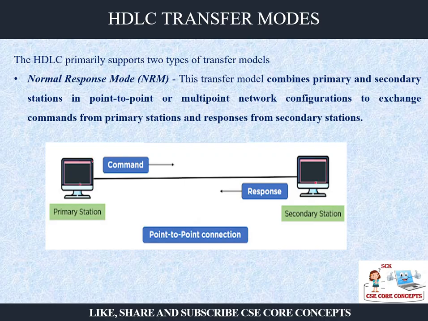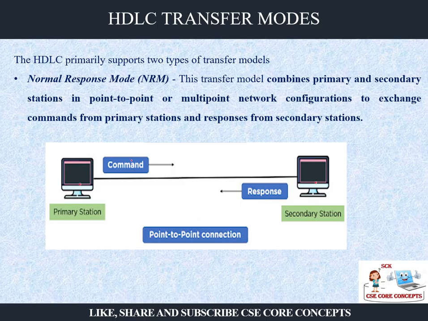Now there are transfer modes. The transfer of data between them is categorized into different types of modes. The first one is called the normal response mode. So what is a response mode? The normal response mode combines primary and secondary stations in a point to point, or you can say a multi-point network, to exchange commands from the primary and responses from the secondary.